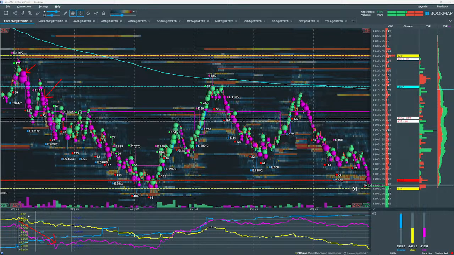And also, the move down was fueled by sell stop orders, shown by the falling yellow line. So put buyers, aggressive sellers, and also somewhat the sell stop orders supported the move down from around that 436.76 level down to SPY 434 right here.